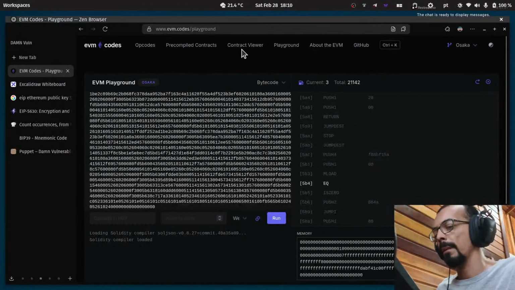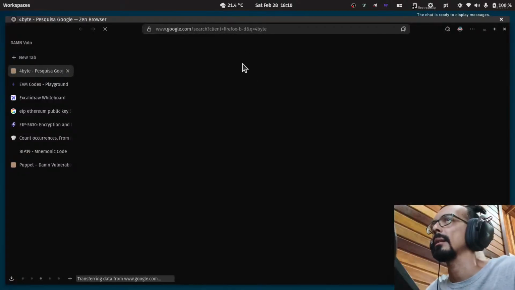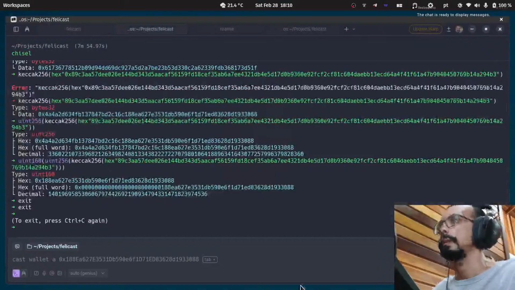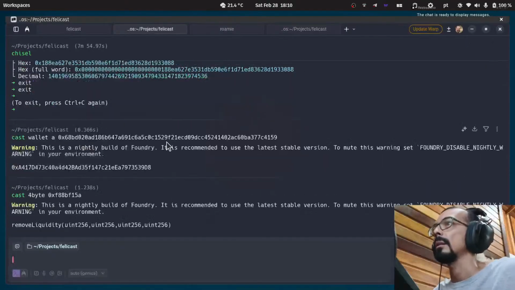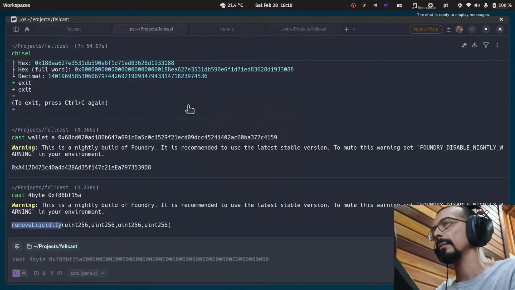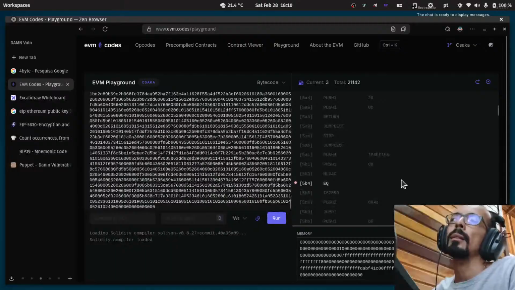And if we go for 4 byte, or you can use cast. Maybe cast is better. Cast 4 byte. You see that call remove liquidity. So here you are inside the code.